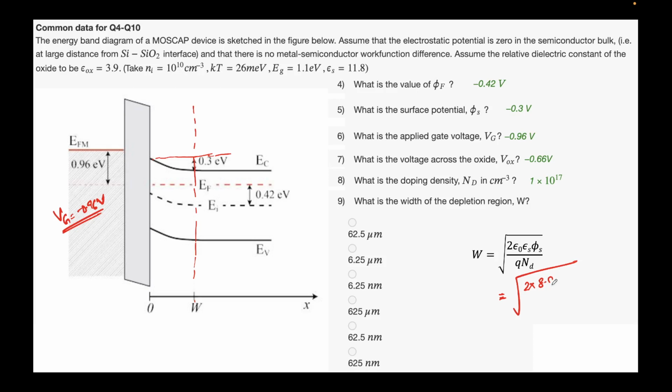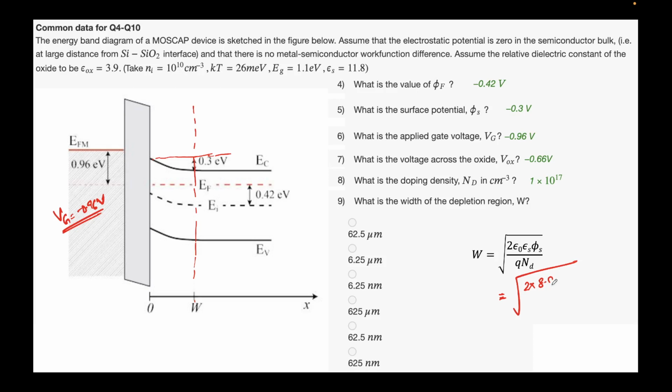So 10 to the power minus 6 centimeters. If we have to do it in nanometers, this will be 6.25 times 10 to the power minus 8 meters. This will be 62.5 nanometers. Yeah, 62.5 nanometers. This one.